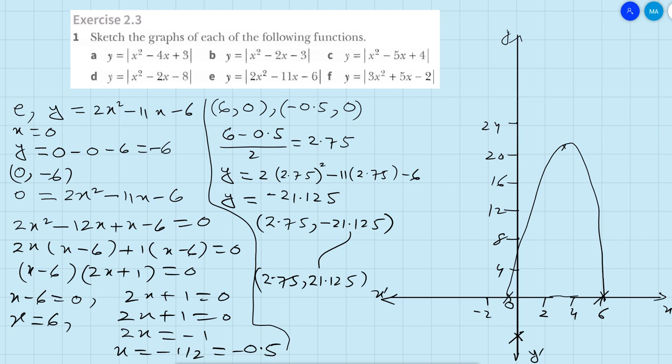This is not a good graph, but the working is 100% correct. You can draw a better graph. Okay, so this is part E. It is not necessary to show the part of the curve which is below the x-axis, because we need to draw a graph of an absolute valued function. These two lines mean absolute valued function. Now move to part F.